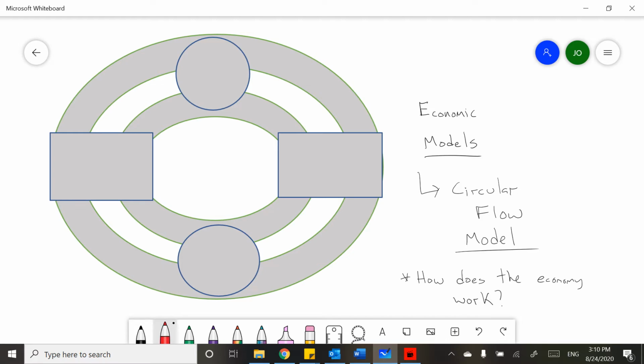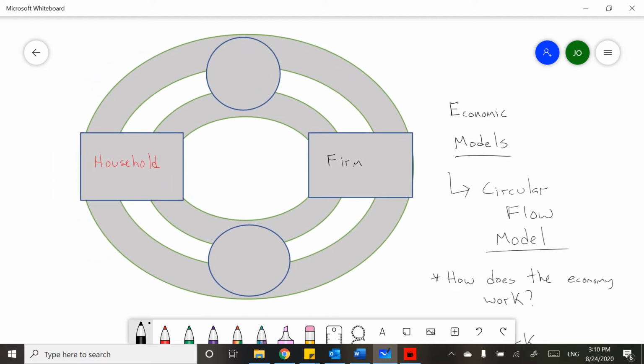Okay, on this side we're going to put the household, which is basically you, me, your family, right? And on this side we're going to have the firm, which is a fancy way of saying businesses, firms. Okay? And they're going to interact in two types of markets.